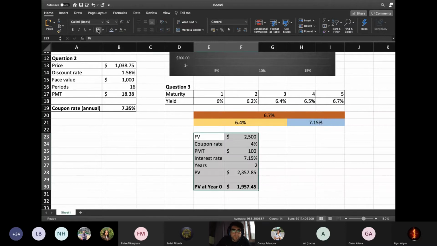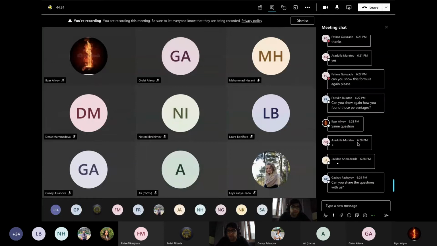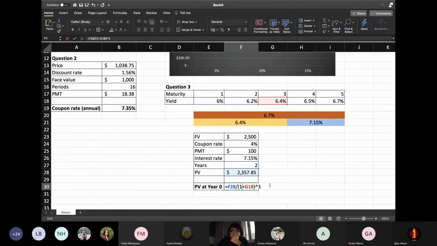Any questions? It is hard, I know, but I will send the questions. So what we did here, we first found the bond's yield, the rate at which the bond with 2 years maturity is traded in 3 years.